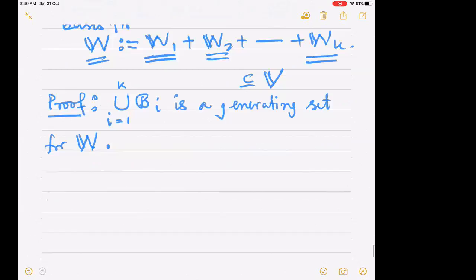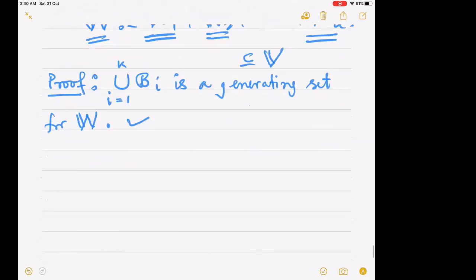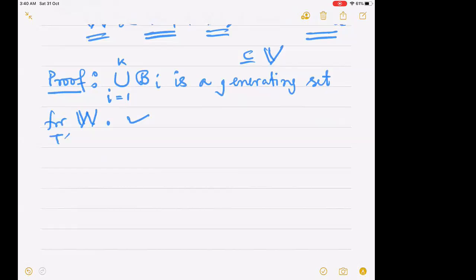So this is trivial. What we need to show is that this union is in fact linearly independent. Yeah? Let us see why this should be true.